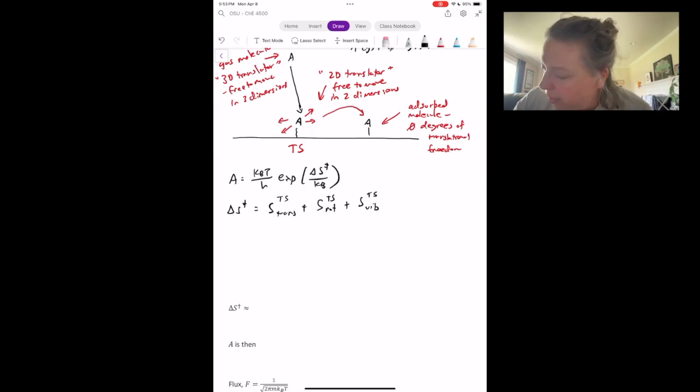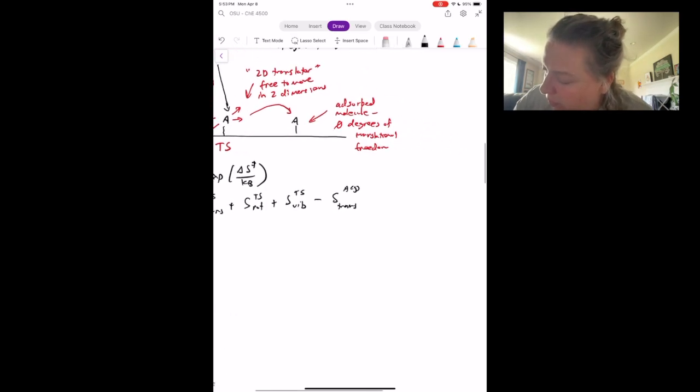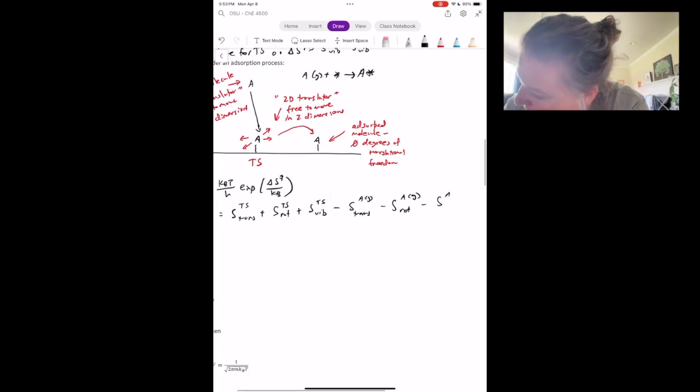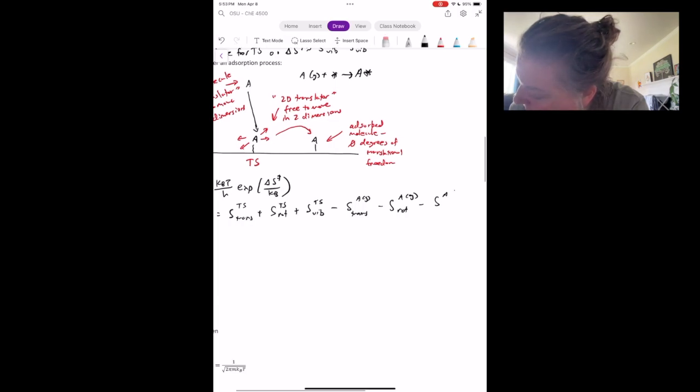Now I want to take the same things for my reactant species. So I would say A gas: translational, rotational, vibrational.